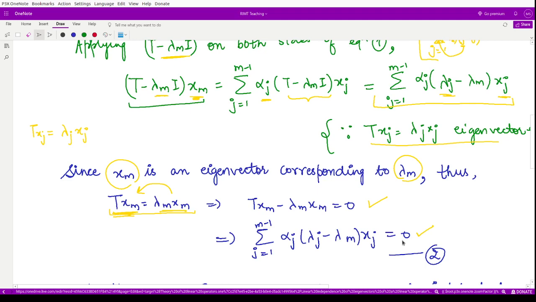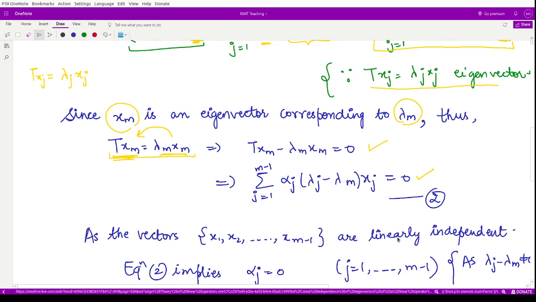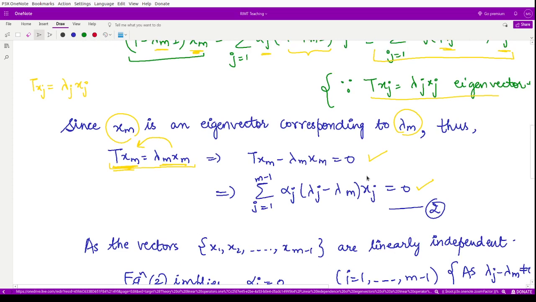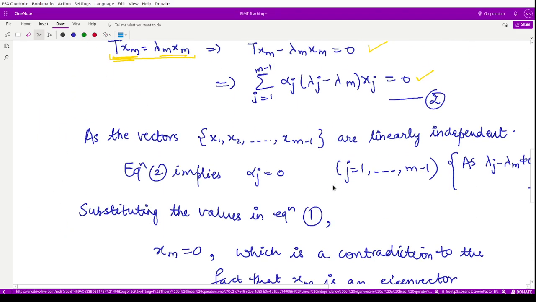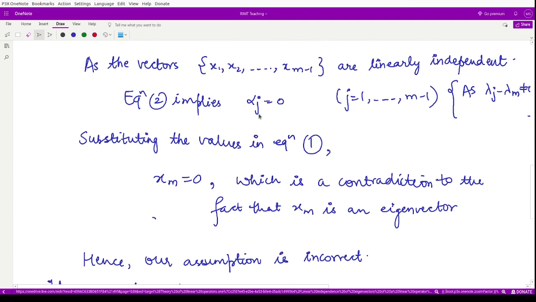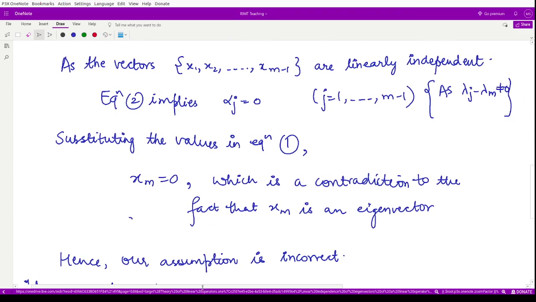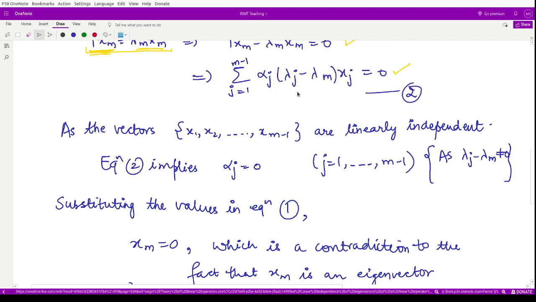Let's mark this as equation number 2. Here the vectors x1, x2 up to xm minus 1 are linearly independent according to the assumption that xm is the first dependent vector. Therefore, if the linear combination here is equal to 0 as given by equation 2, then all of these scalars, alpha j times lambda j minus lambda m, should also be 0.